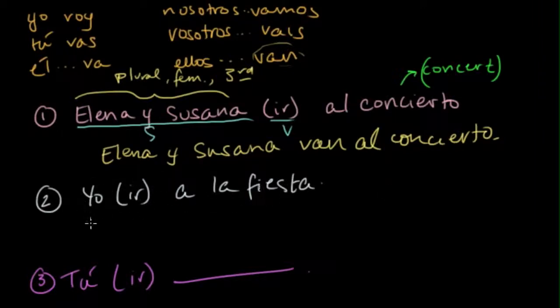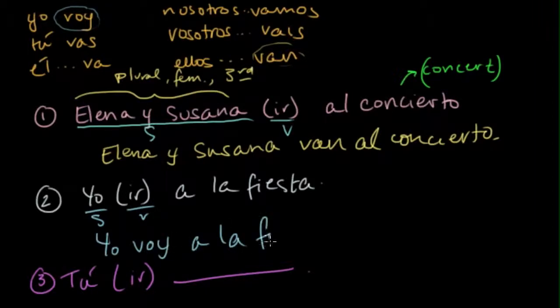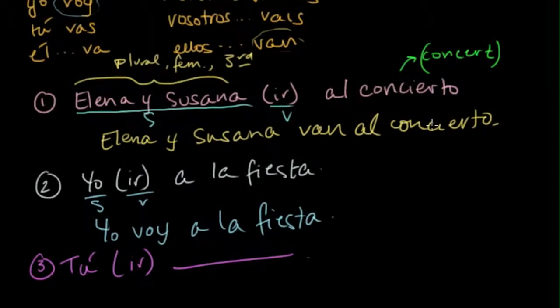Alright, next sentence. Yo, verb ir a la fiesta. Subject, yo, already a subject pronoun, so we don't have to worry about that, and our verb is ir. So we just have to choose the right conjugation, which we see is voy. So yo voy a la fiesta. I go to the party.